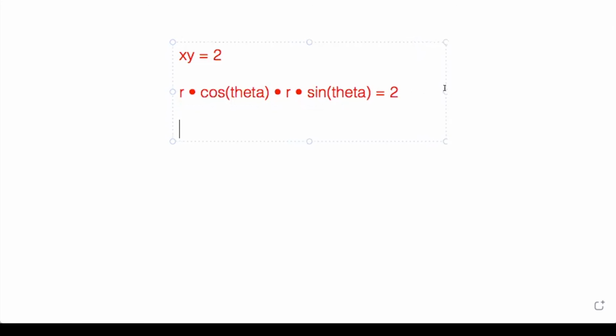So now I've got r squared times cosine theta times sine theta is equal to 2.